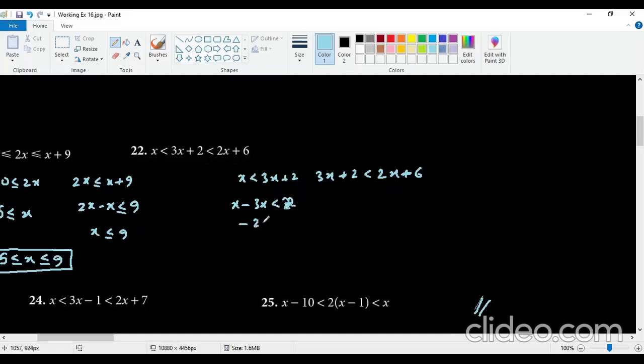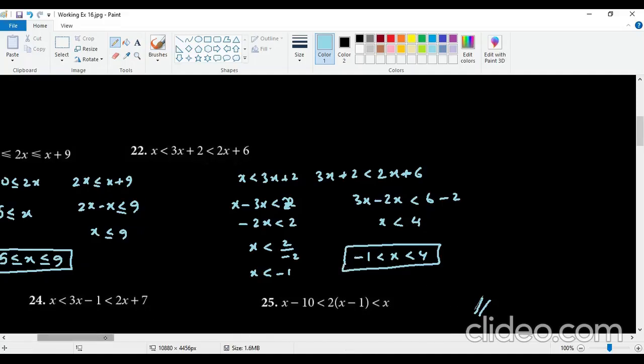That means minus 2x less than 2, and that means this is going to give us x greater than negative 1. The next part is saying 3x minus 2x less than 6 minus 2. That means 3 minus 2 is a 1, x less than 4. So how will I write the answer? I will write negative 1 is less than x, and x is less than 4. So this is going to be your final answer.